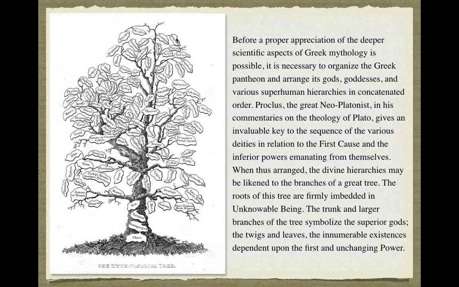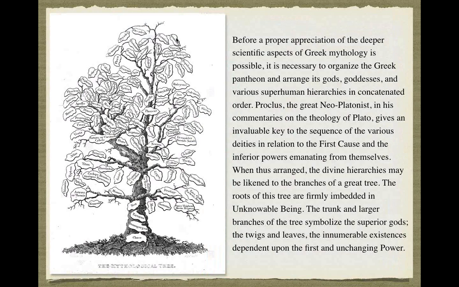When thus arranged, the divine hierarchies may be likened to the branches of a great tree. The roots of this tree are firmly embedded in unknowable being. The trunk and larger branches of the tree symbolize the superior gods. The twigs and leaves, the innumerable existences dependent upon the first and unchanging power.